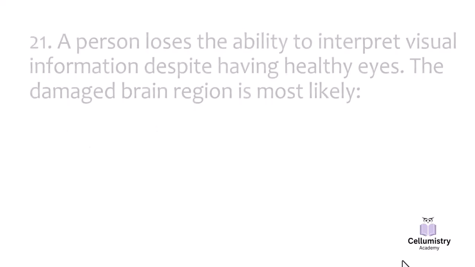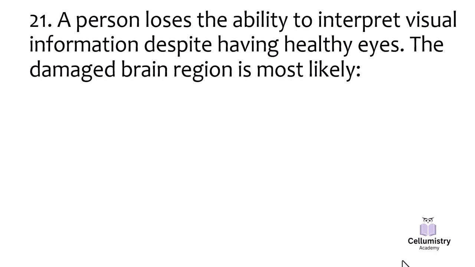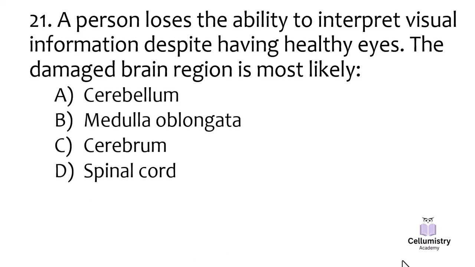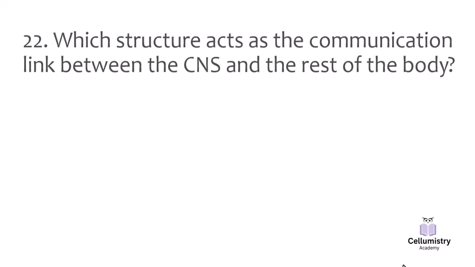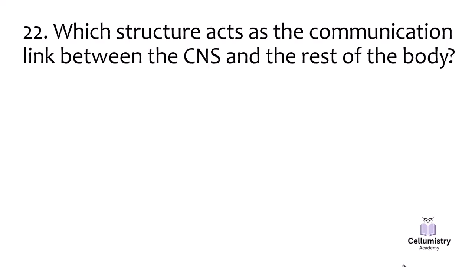A person loses the ability to interpret visual information despite having healthy eyes. The damaged brain region is most likely. Answer is C. Cerebrum.